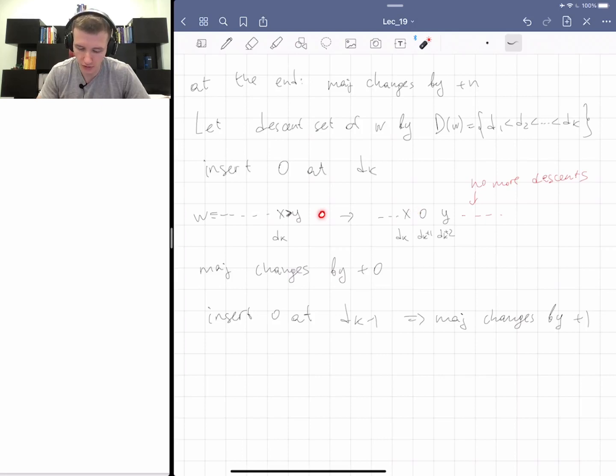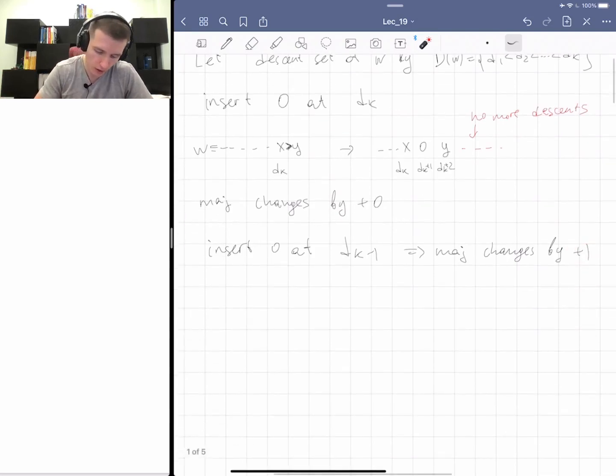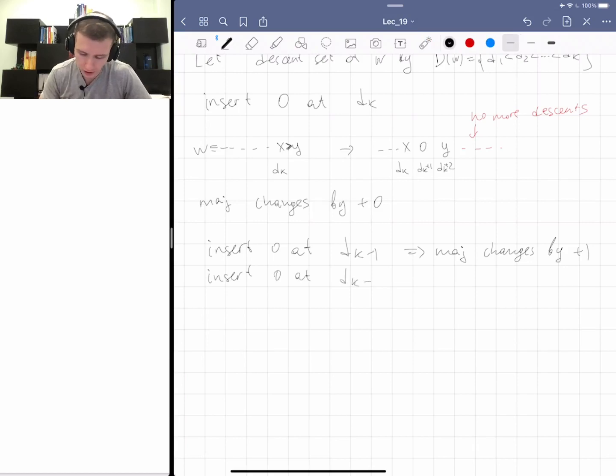So this extra descent is going to move one step to the right, and in particular the sum of positions of descents is going to increase by 1. So that's where you get plus 1. And similarly, if you insert 0 at d_k minus 2, or let's say d_k minus i, then the major index changes by plus i for any i from 0 up to k minus 1, I think.